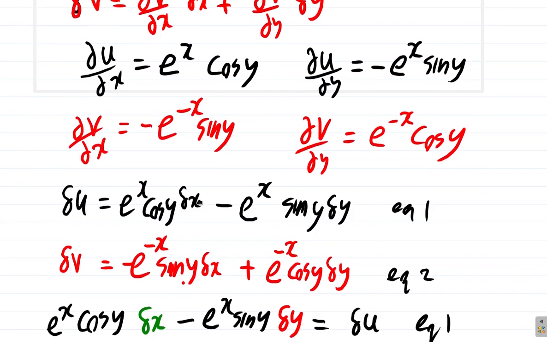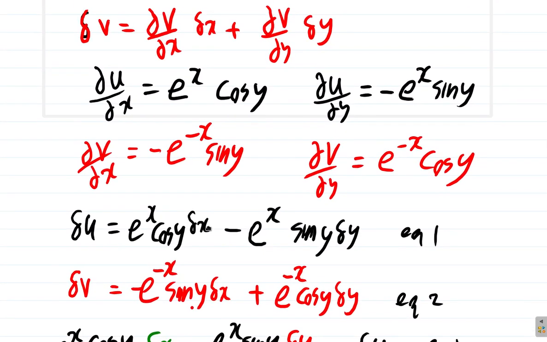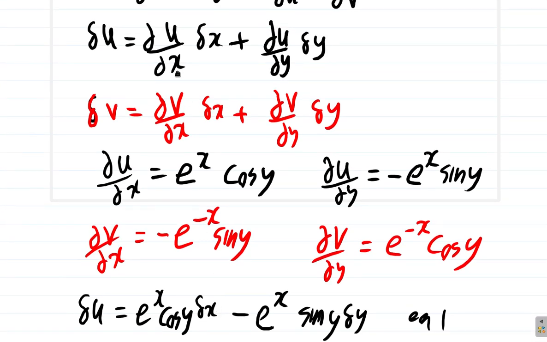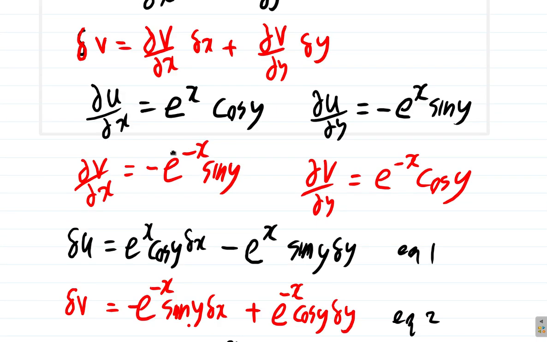Now here we had the general form, and we substituted these in the general form. For example, a small change in u is e to the x cos y times a small change in x, and so on.